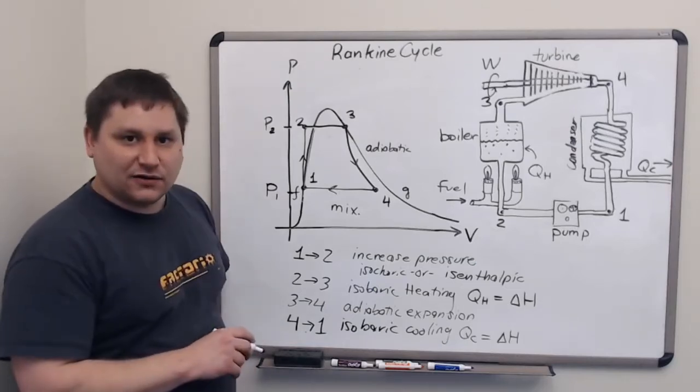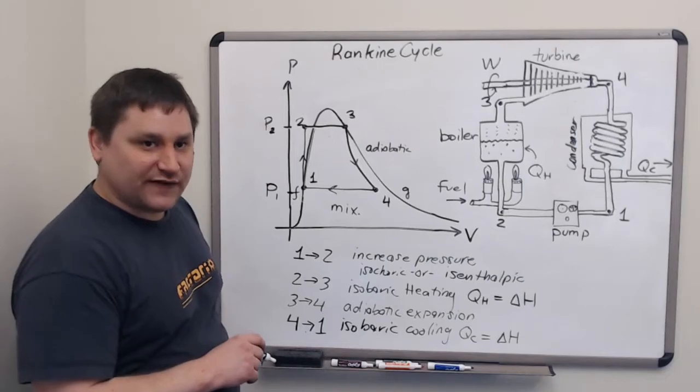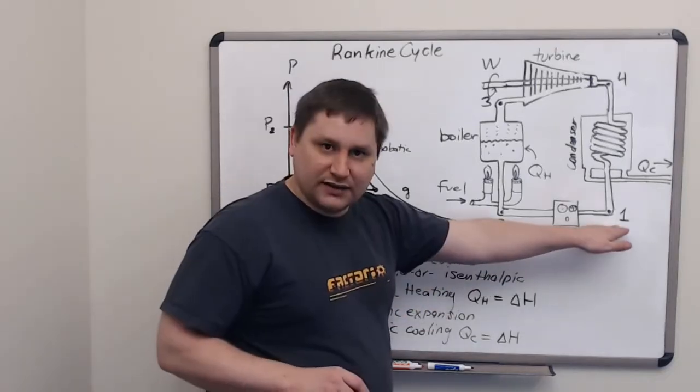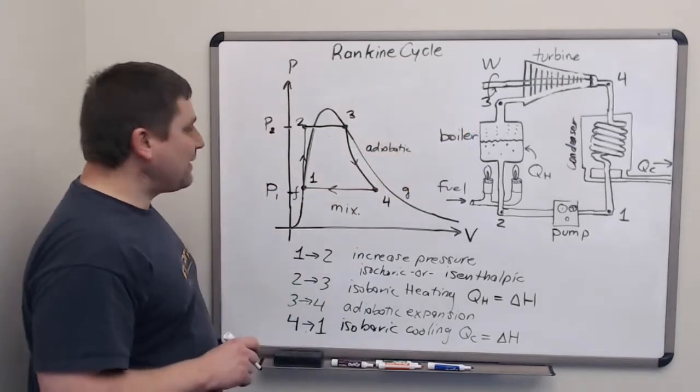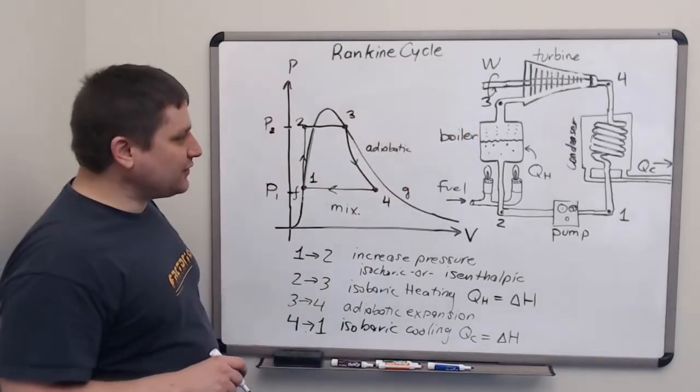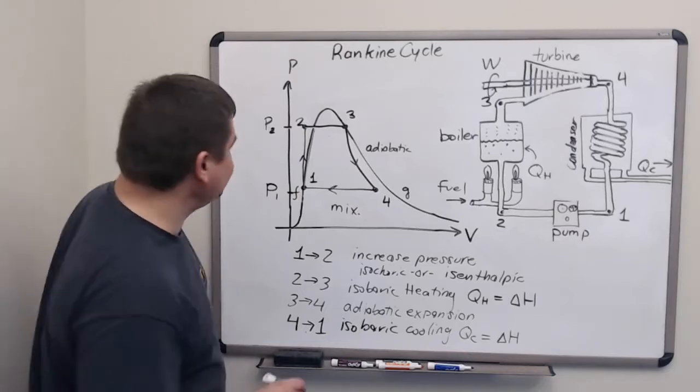To define a cycle, we essentially need to choose the pressure values at location 1 and at location 3. I'm going to be convenient here and choose values that are in the table.